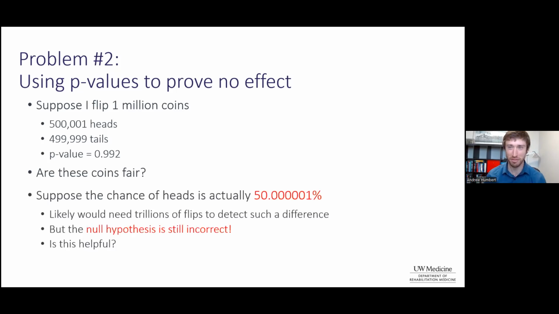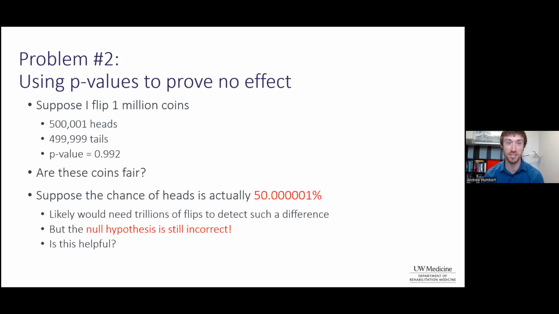But to counter that and be maybe a little facetious, suppose the chance of heads is actually 50.00001%. We would need trillions of flips to be able to detect a difference this small. But in a very literal sense, this null hypothesis is still incorrect, right? 50.00001% is not 50%. They are not exactly the same.